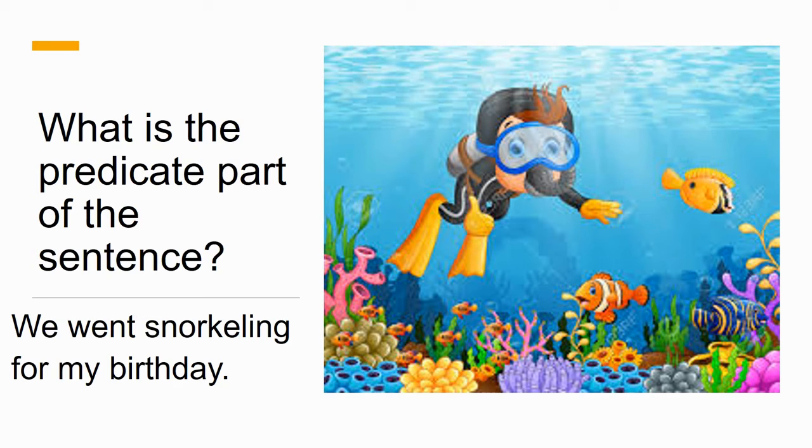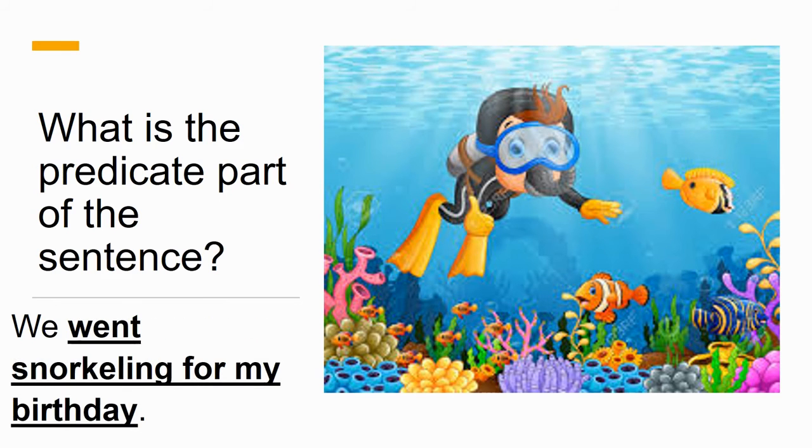Now, we know right away the subject is who? Yes, the word we is the subject. So that means the remaining words is the predicate part of the sentence. Alright, so went snorkeling for my birthday is the predicate part.